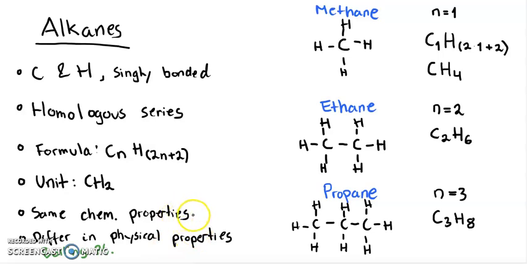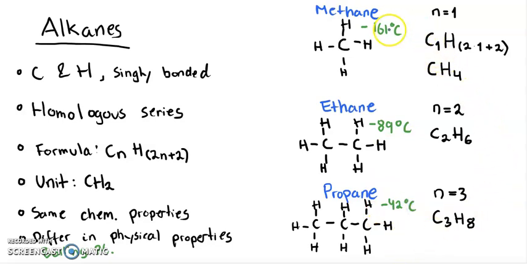Chemical properties are how they react, how many electrons and that stuff. The boiling point for methane is negative 161 degrees Celsius. So that's quite cold. For ethane it's a little bit higher, but still quite cold. It's negative 89 degrees Celsius, and for propane it's negative 42 degrees Celsius.